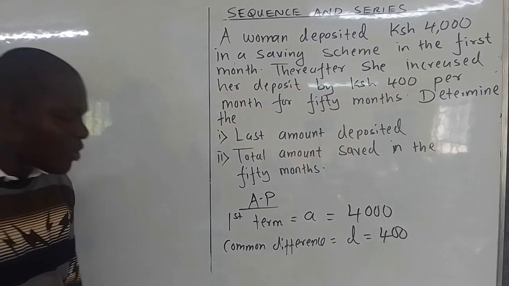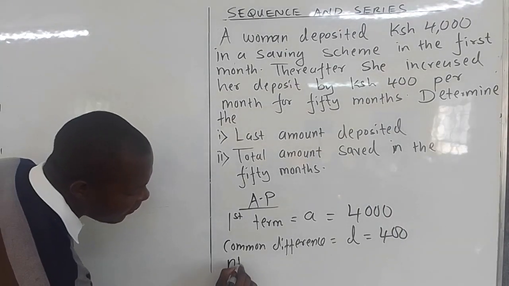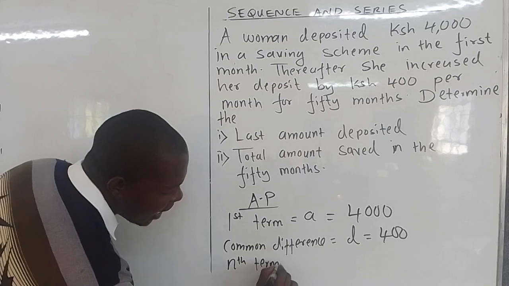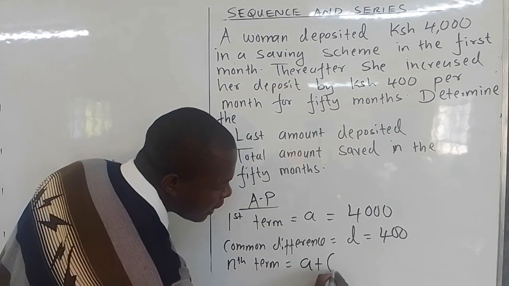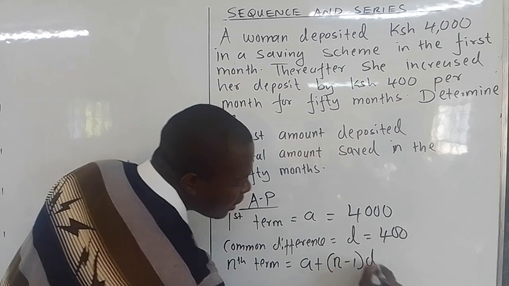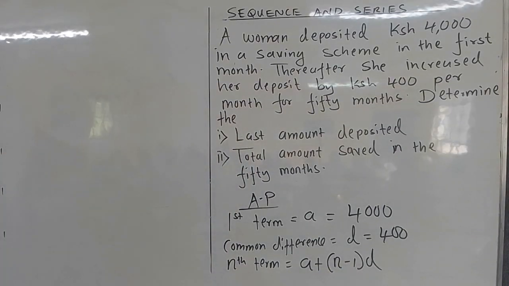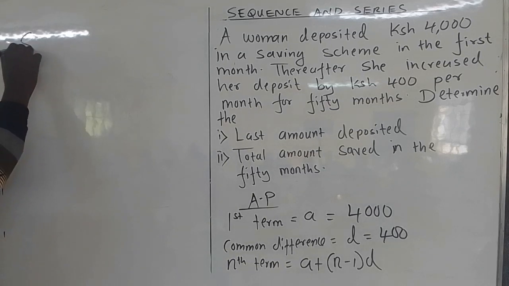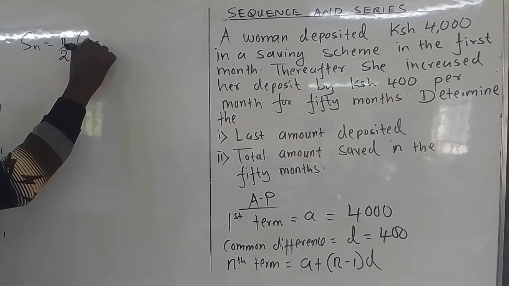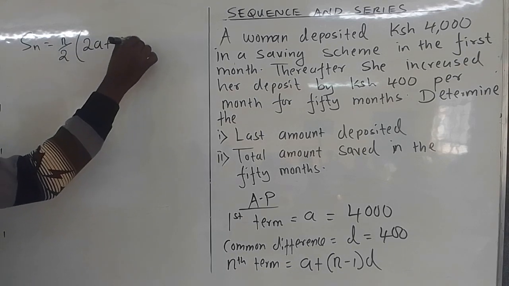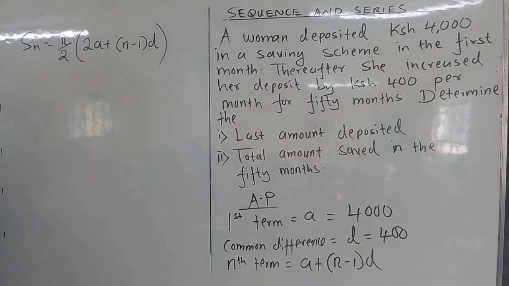So in arithmetic progression, what else do we know? The nth term of an arithmetic progression is given by a plus (n minus 1) d. Then the sum of n terms of an AP is given by n over 2 times (2a plus (n minus 1) d).